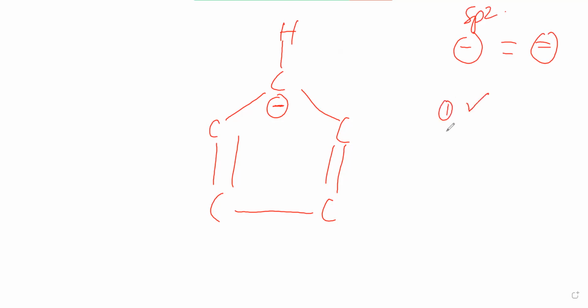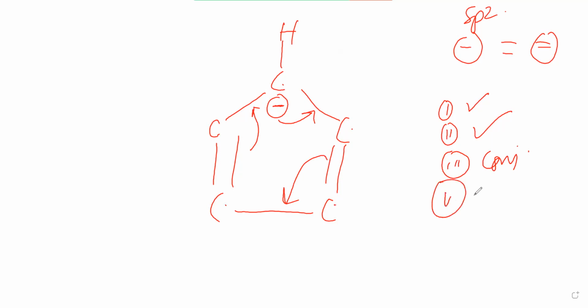So cyclic, yes. Then planar, yes. sp2, sp2, sp2, sp2, sp2. Then conjugation. Yes, this is just like a pi bond, so from here it can move here, it can move there. And fourth, Huckel rule: 4n plus 2 is equal to 6 electrons, because 2 here, and the anion is 2 electrons. So followed. Aromatic. Is it clear now?